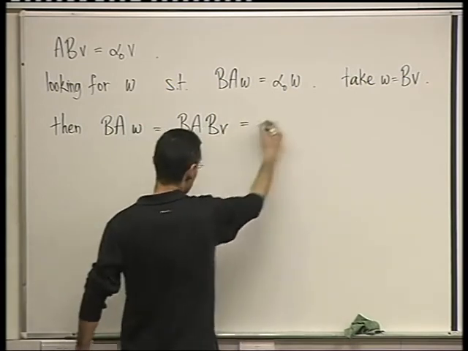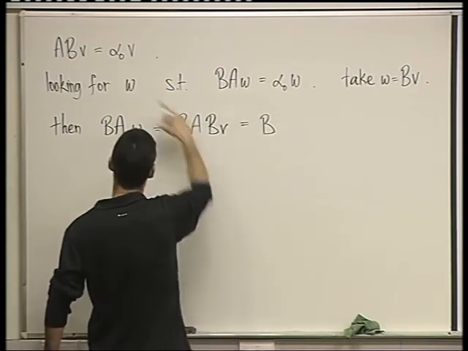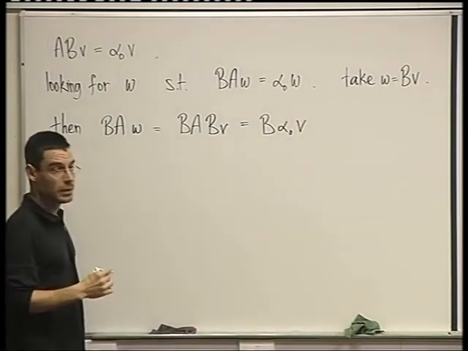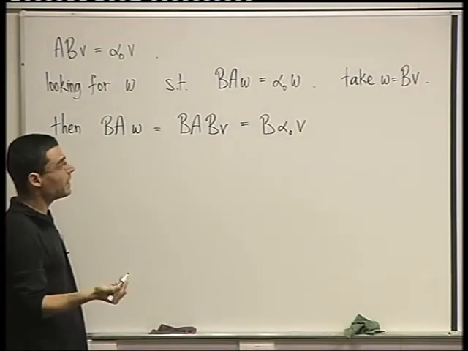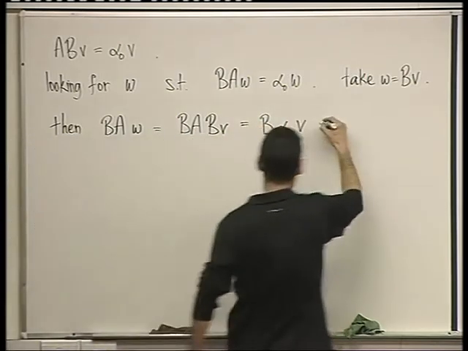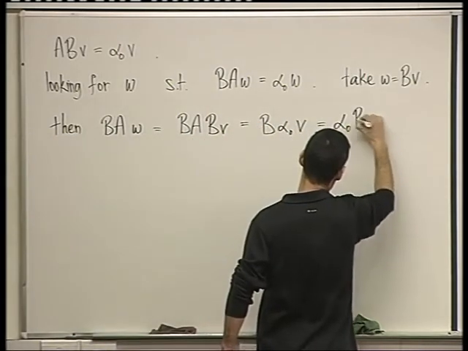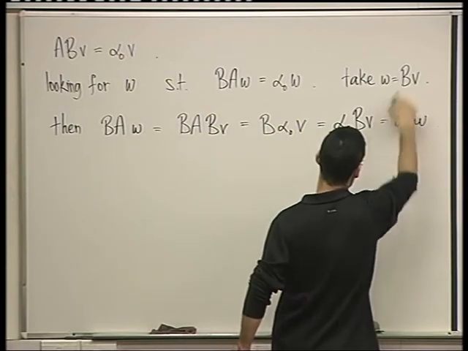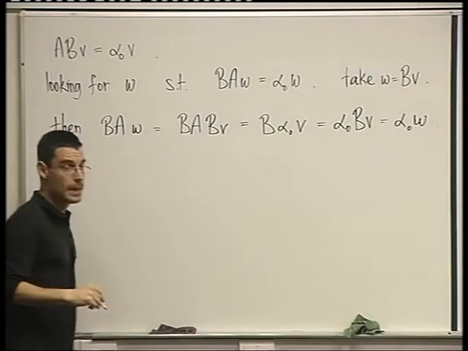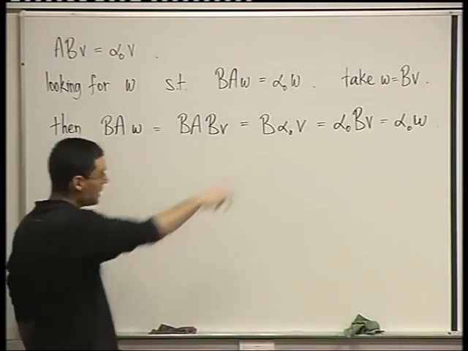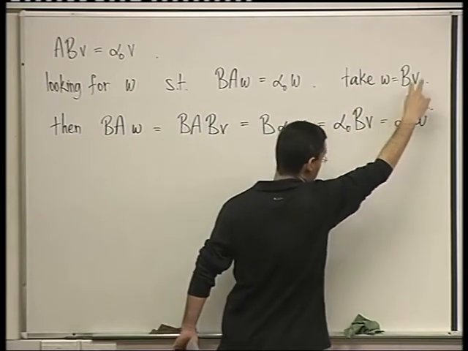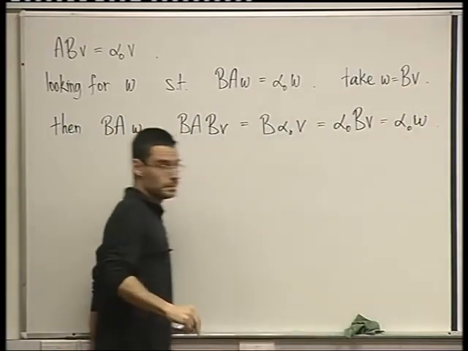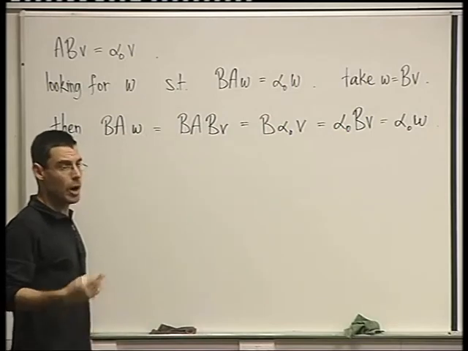So it's B times ABV, which is B times alpha 0 V, right? And alpha 0 is a scalar. It can hop here, so it's alpha 0 BV, which is alpha 0 W. BV was W. Do you agree? So if we take W to just be BV, then BAW is alpha 0 W. Good? Are we done?